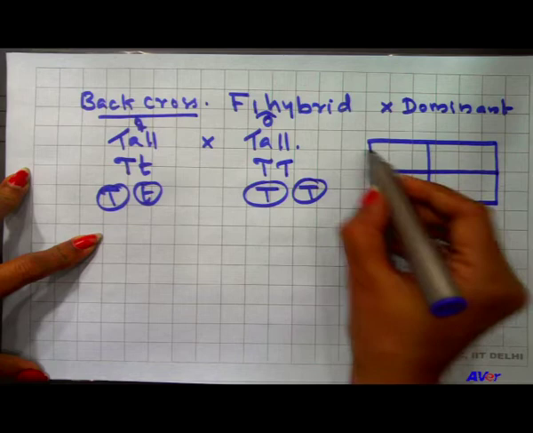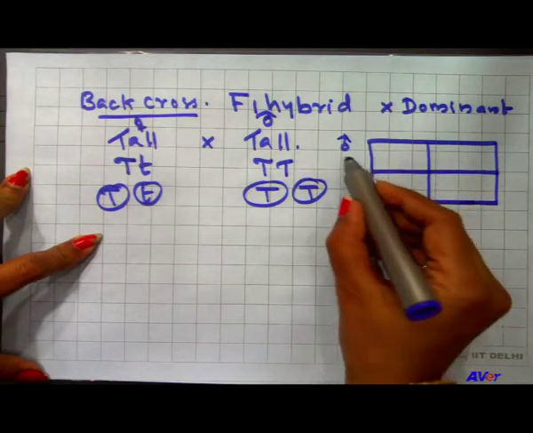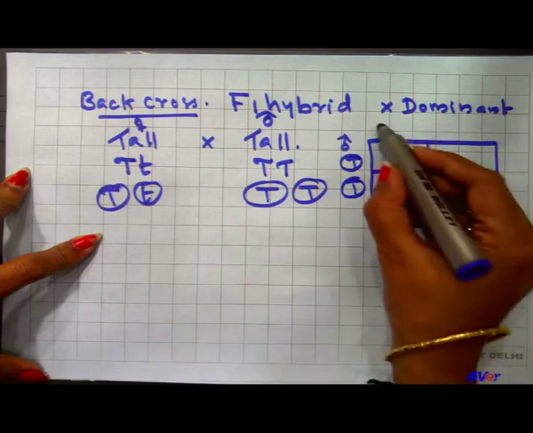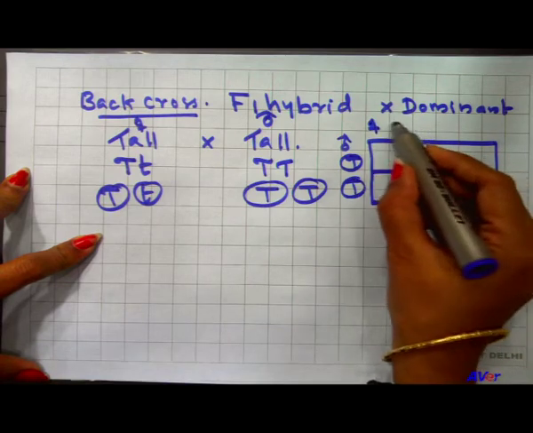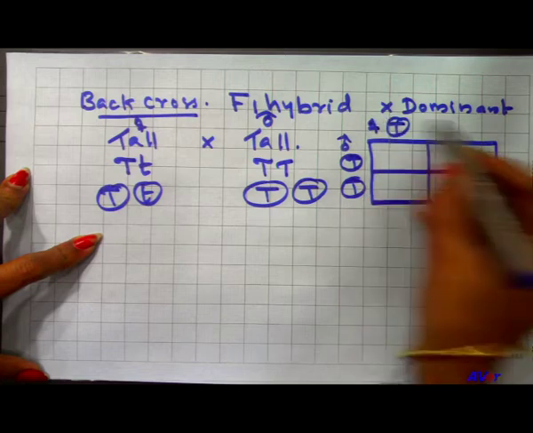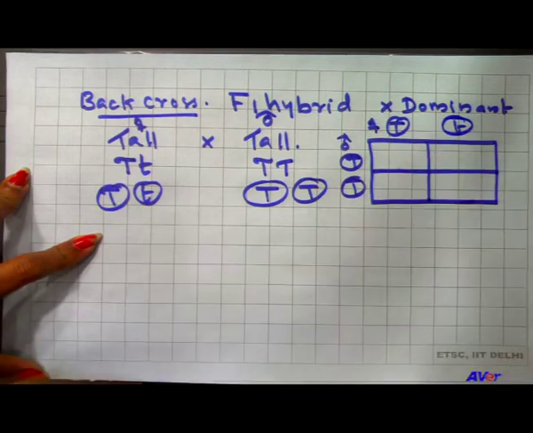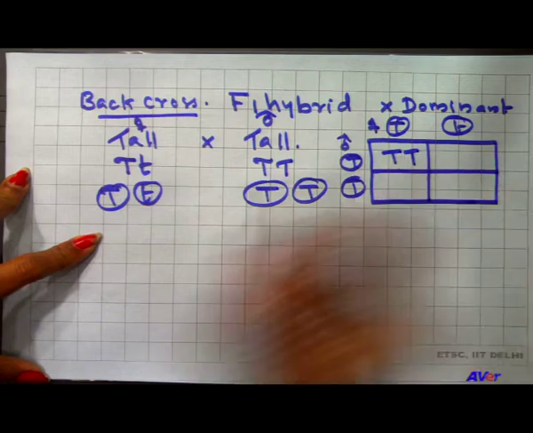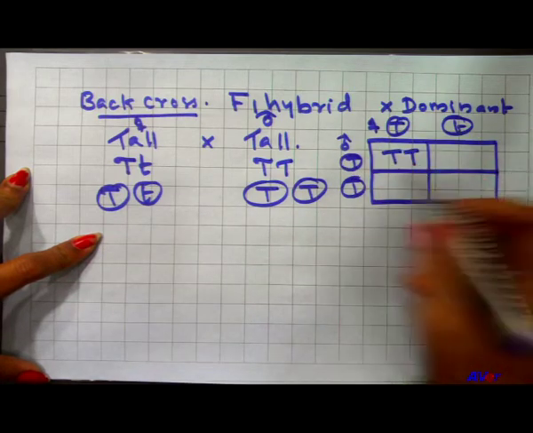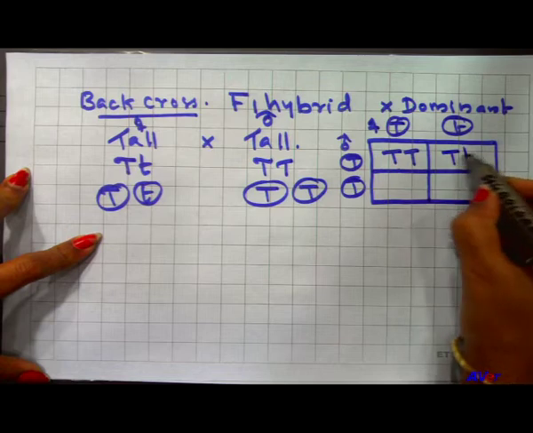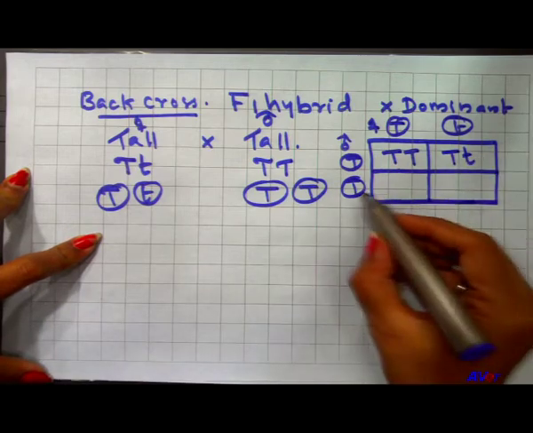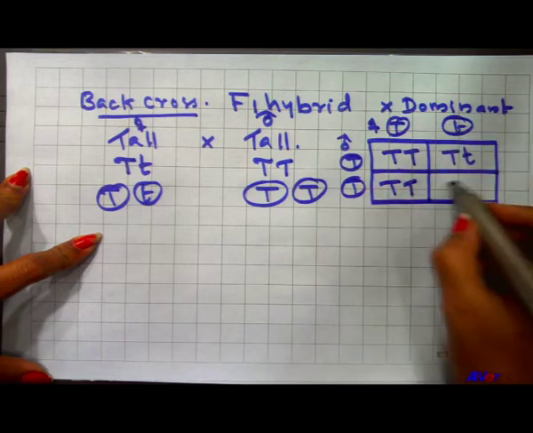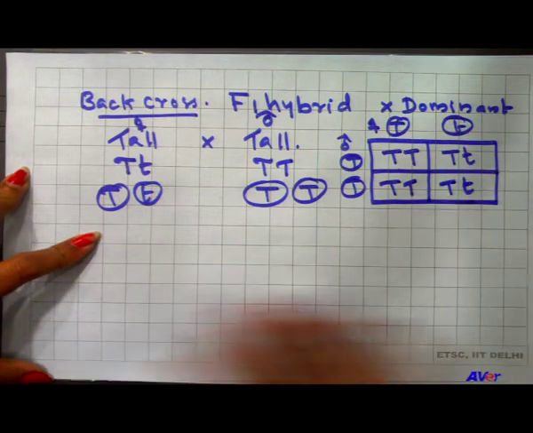The male gamete is capital T, here also capital T. This is the female gamete, capital T small t. One union is capital T capital T, the other combination is capital T small t, again capital T capital T and capital T small t.